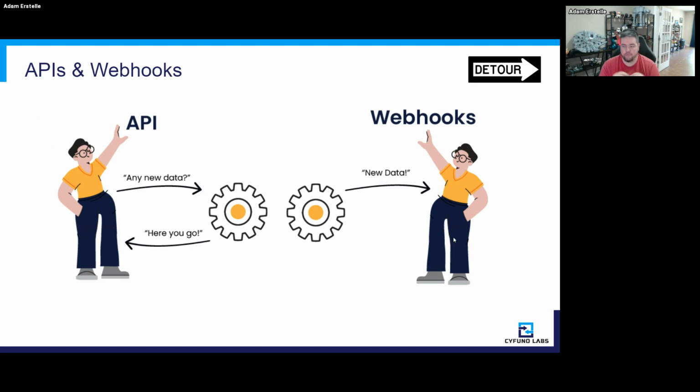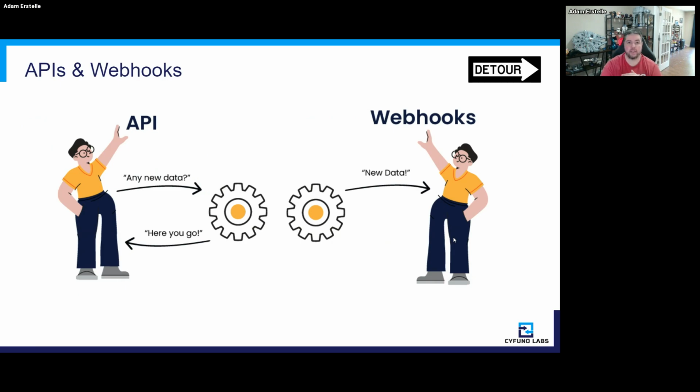Now, hopefully this little diagram helps. With the API, again, hey, Salesforce, is there any new information that you can give me? Or, hey, Salesforce, go update this prospect. And then Salesforce, or in the diagram, the gear here, is going to chew away, process it, and then say, here you go, here's your answer.